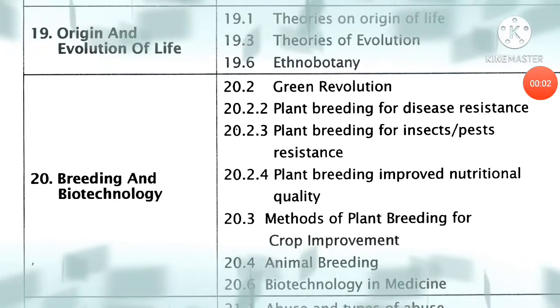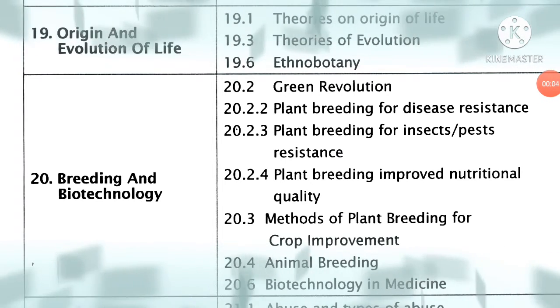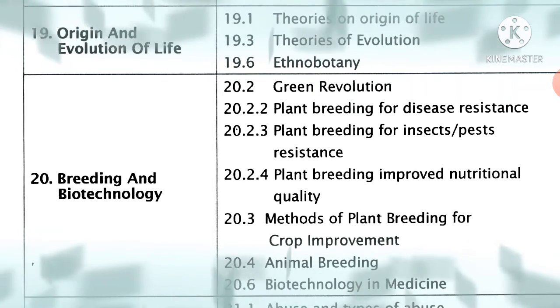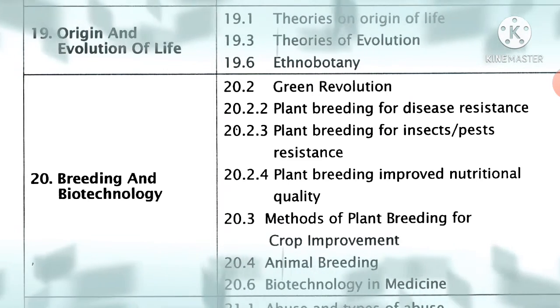Unit 19 Origin and evolution of life. 19.1 Theories on origin of life. 19.3 Theories of evolution. 19.6 Ethnobotany.